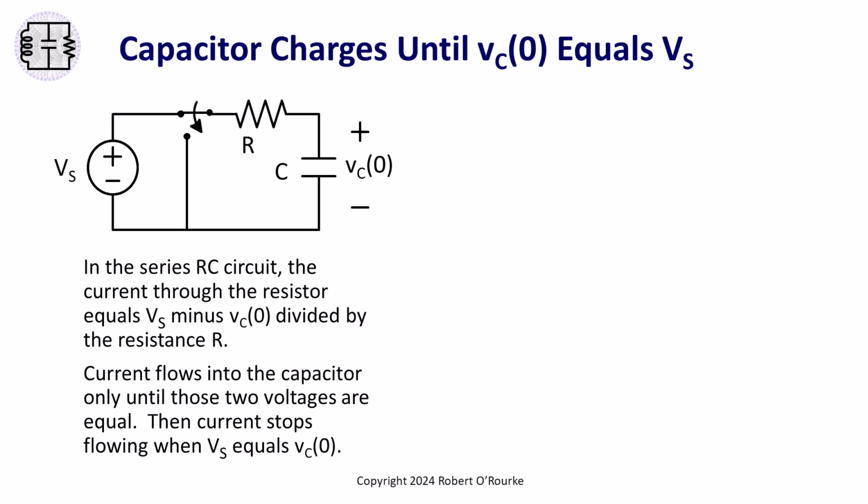Current flows in the series RC circuit as long as the source voltage, V sub S, is higher than the capacitor voltage. When the capacitor charges up, current stops flowing and the initial condition, capacitor voltage, V sub C0, is established.